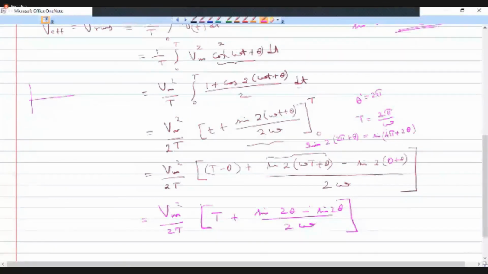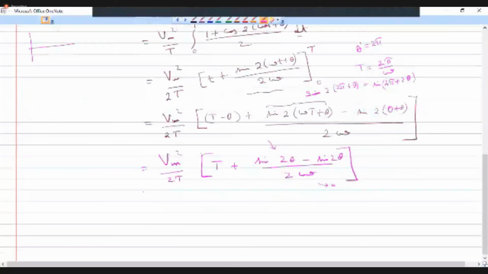So this term will be equal to 0. Then you open the bracket, and you cancel out this capital T. What is remaining is Vm square divided by 2, and this is our V RMS square. So what is V RMS? It is Vm by root 2, taking the square root.